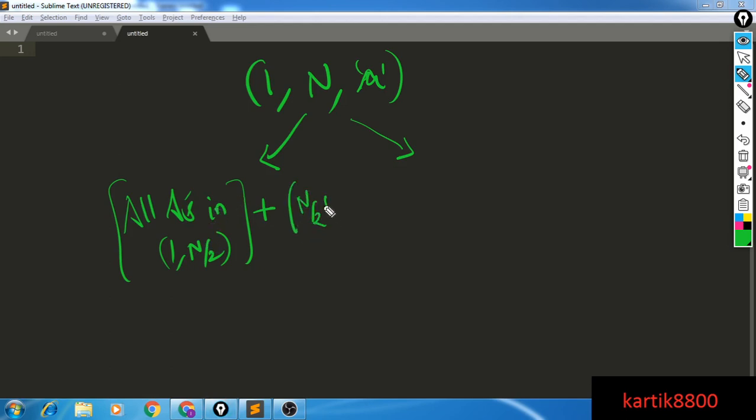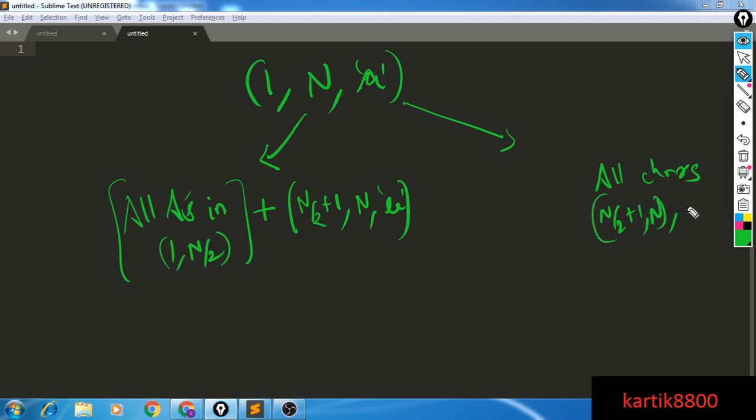That would be n by 2 plus 1 comma n comma B. Or the other possibility is that you change all characters in range n by 2 plus 1 to n into A's. So you turn the second half into all A's, plus you try to make the first half a B good string.